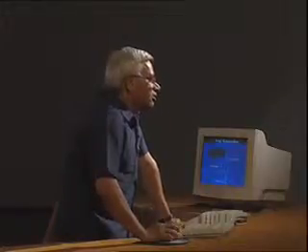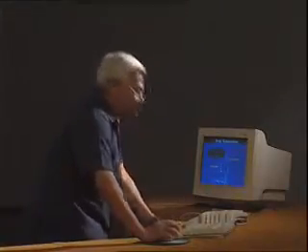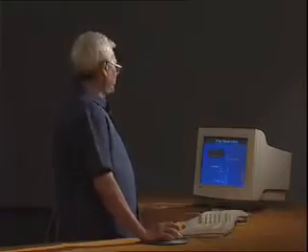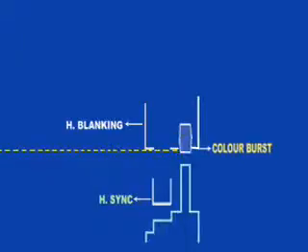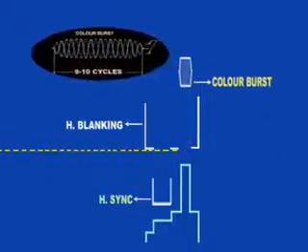It means you have to find out the process by which the horizontal oscillator will accept this horizontal sync. That was the animation of how to take out the horizontal sync.